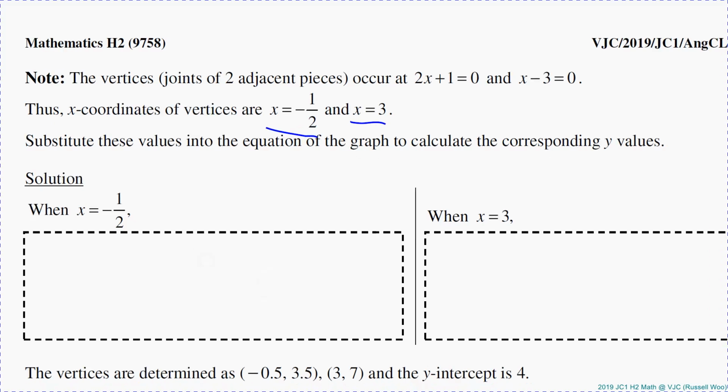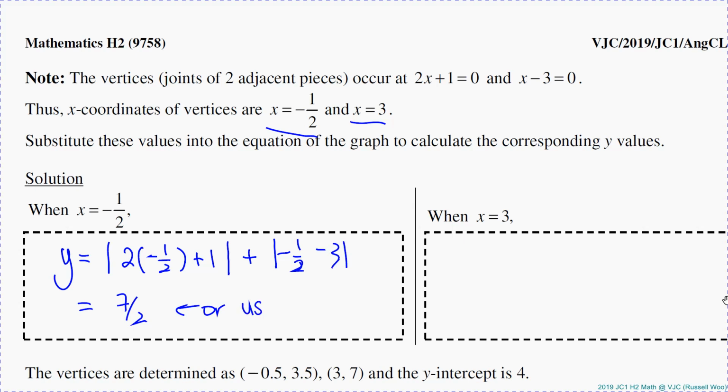If you do it by hand, y equals to, you sub minus half, you will get mod 2 times minus half plus 1, plus mod minus half minus 3, equals to 7/2.